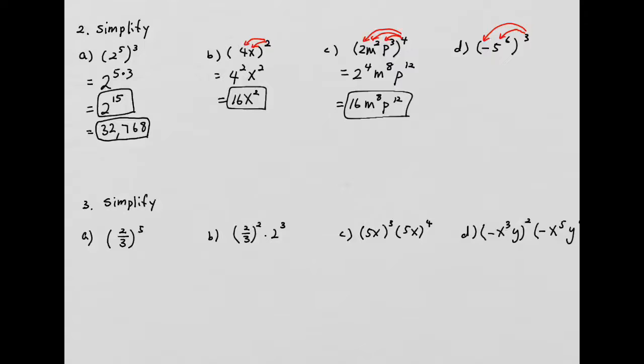So you're going to get negative 1 cubed, and then 5 to the 6th exponent to the cube. When you cube negative 1, it will still be negative 1. And 5 to the 6th cubed, you're going to multiply, so it will be 18. This is multiplication, so it gives you negative 5 to the 18 exponent.